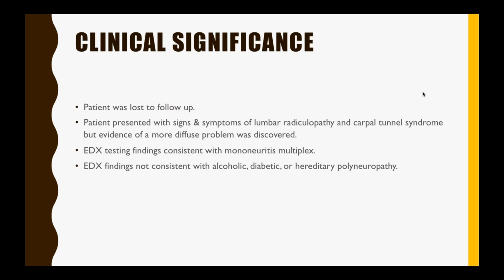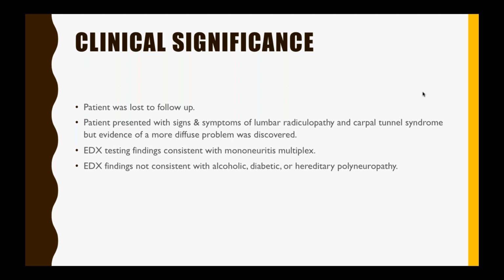So clinical significance, unfortunately I didn't get the information on this patient after she was sent back to her own primary care provider. I did the test for a spine surgeon who was referring for her radiculopathy. She presented with the signs and symptoms of radiculopathy and carpal tunnel syndrome, but we found findings that didn't go along with that.